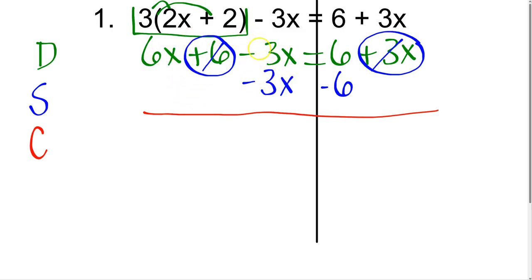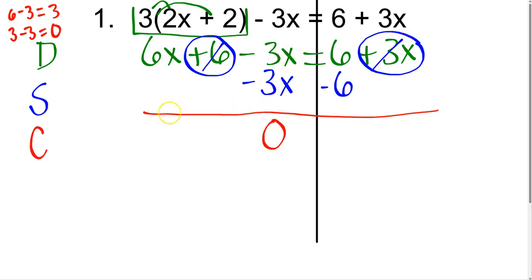So we have 6x minus 3x, which is 3x, positive 3x, and then minus 3x, right? 6 minus 3, we subtract our coefficients, that's 3. And then 3 minus 3, that would actually give you 0. So over here, because I have 6 minus 3 is 3, and then 3 minus 3, which is 0, this is actually going to give me 0.